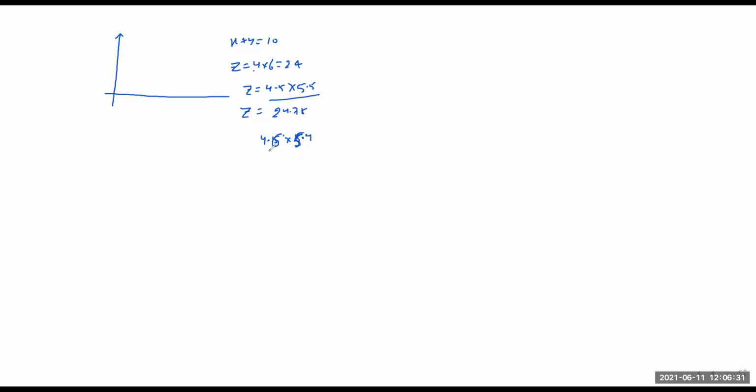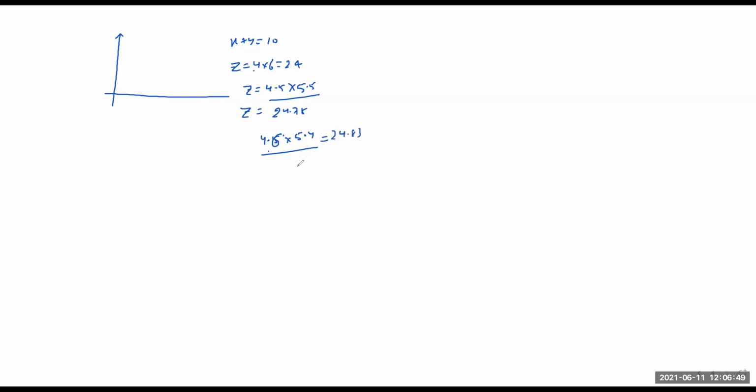Sorry, my bad. So 4.6, and how much do we have to add to make it 5.4? Right? Yeah, the sum is 10. Yeah, that's correct. So how much is this giving you? 24.84.